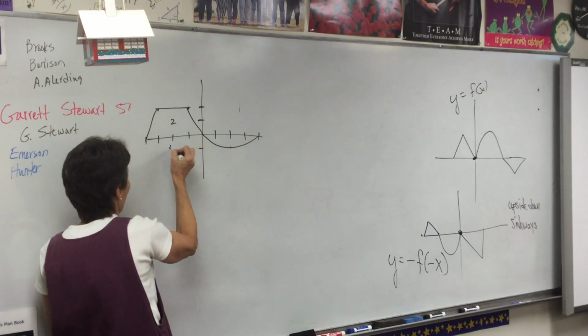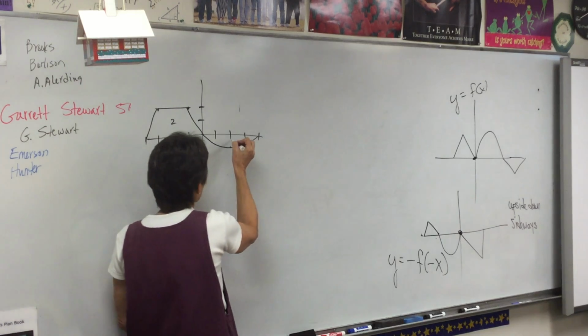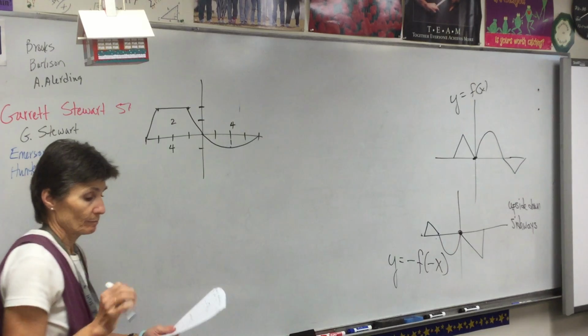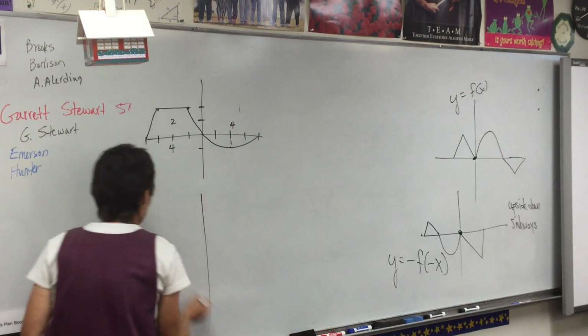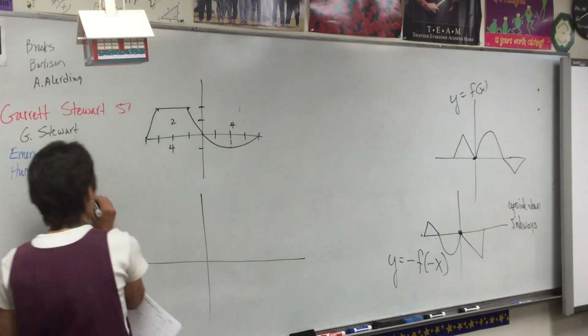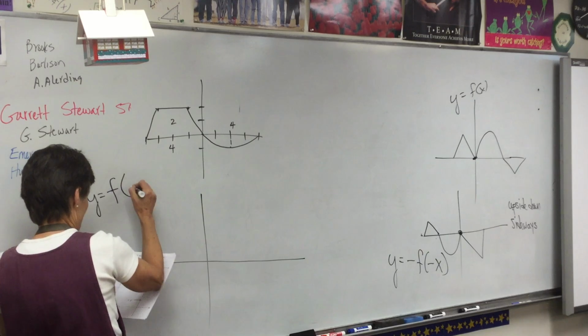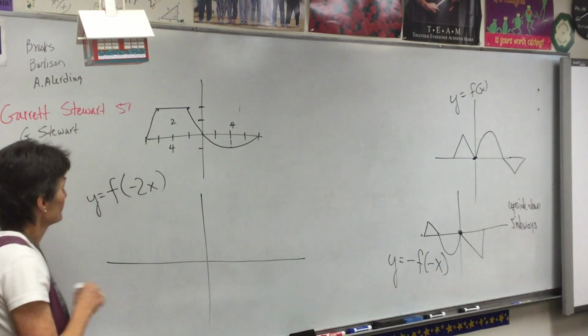This guy's 2 high and 4 wide, and this guy's 1 high and 4 wide. The very first problem has 2 things. It has a negative and a 2.